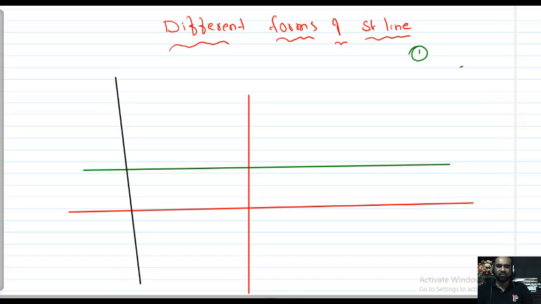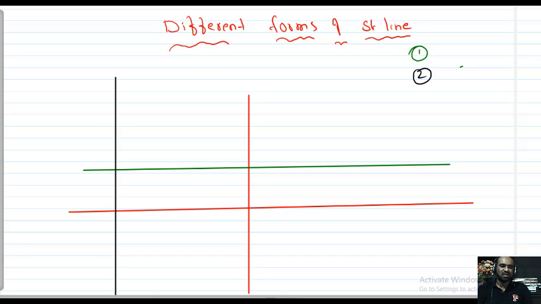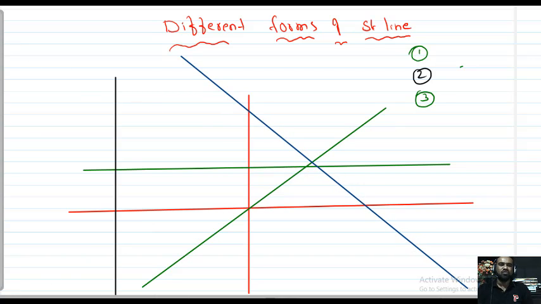Next, the third type is the lines which pass through the origin, the center. Another one is the lines which do not pass through the origin. Just this is the line. That is the fourth category. Now I have divided the straight lines on the coordinate plane into four.